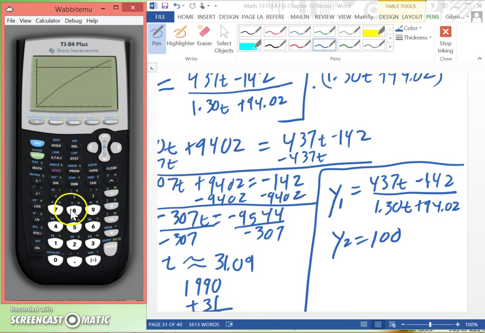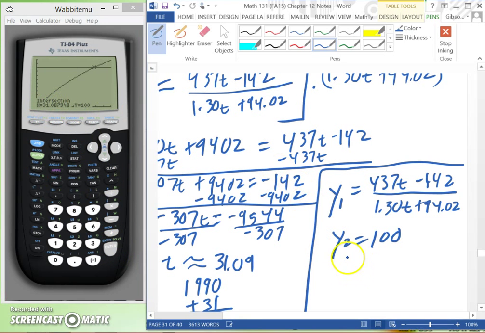Now you will press graph. And this is the graph that should show up. But we want to find the intersection point. So what you could do is go to second, trace, and then hit the number 5, and then enter 3 times. And it gives us this here.